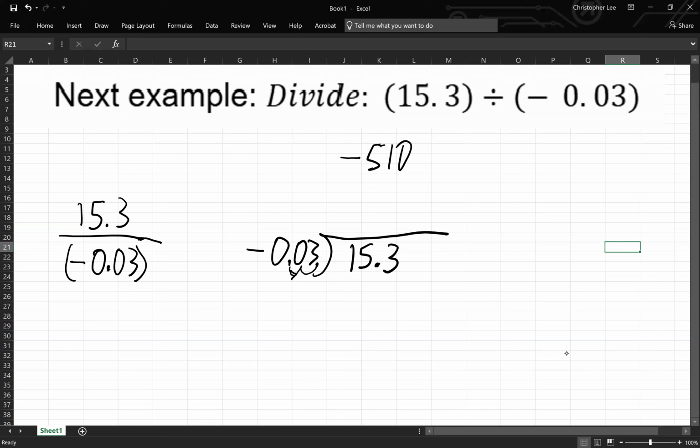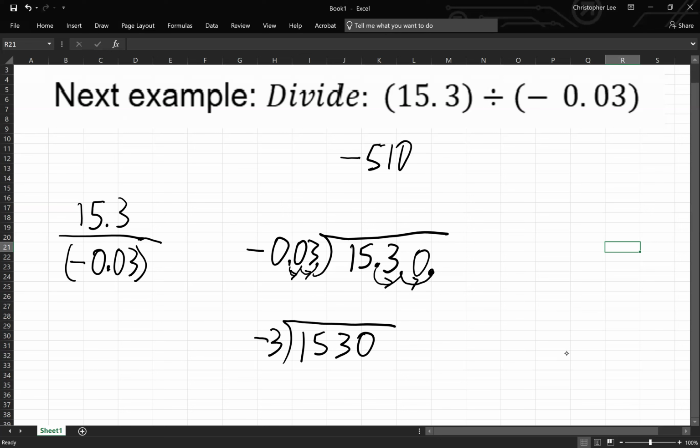But you got to be fair. What you do to one, you got to do to the other. So I move this decimal point over two spaces as well. So this becomes -3 divided into 1,530.